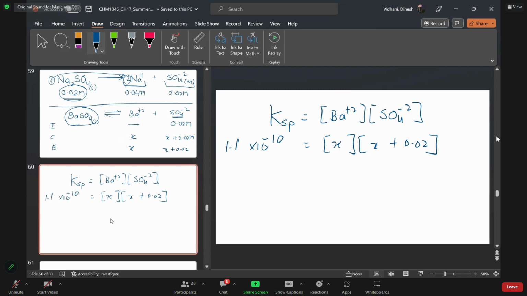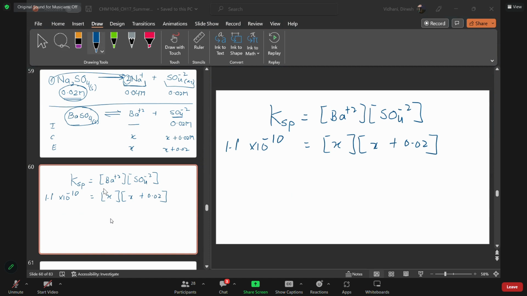Okay. Now what should I do? Should I make an assumption here? If yes, what kind of assumption? X is negligible. X is negligible compared to what? Compared to 0.02. Exactly. So when we are adding and subtracting, that's when you can ignore X, but not in the multiplication process.